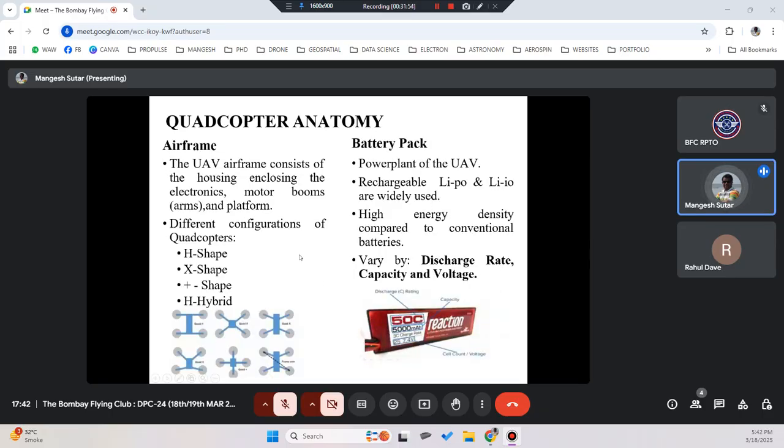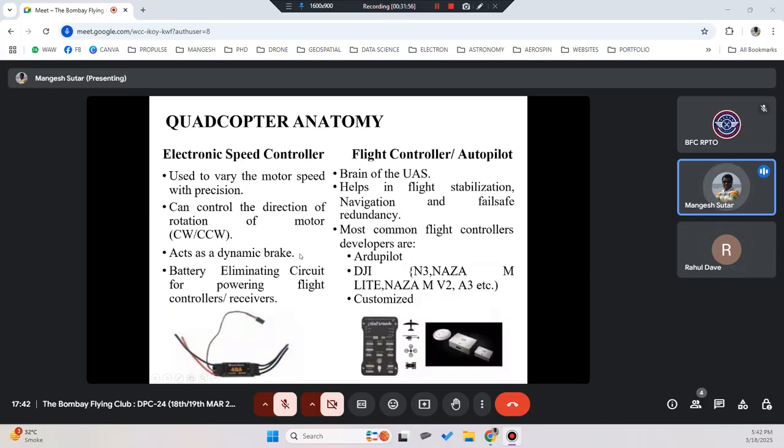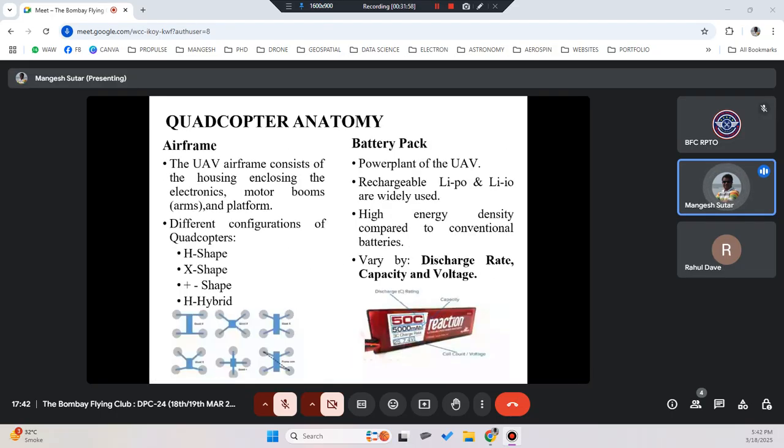Now to house these motors, flight controllers, propellers, all the things, you need a frame. So a UAV frame consists of housing the enclosing electronics, motors, boom arms, and platforms. There are different configurations of the quadcopter. It could be H shape, X shape, plus shape, or it could be H hybrid also.